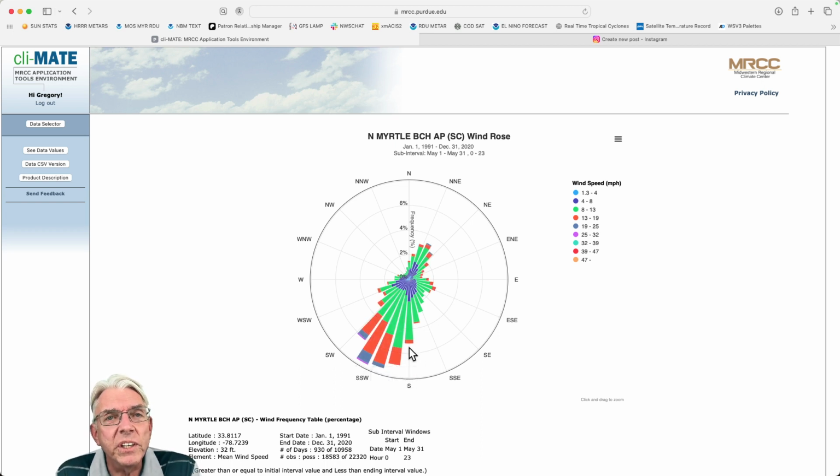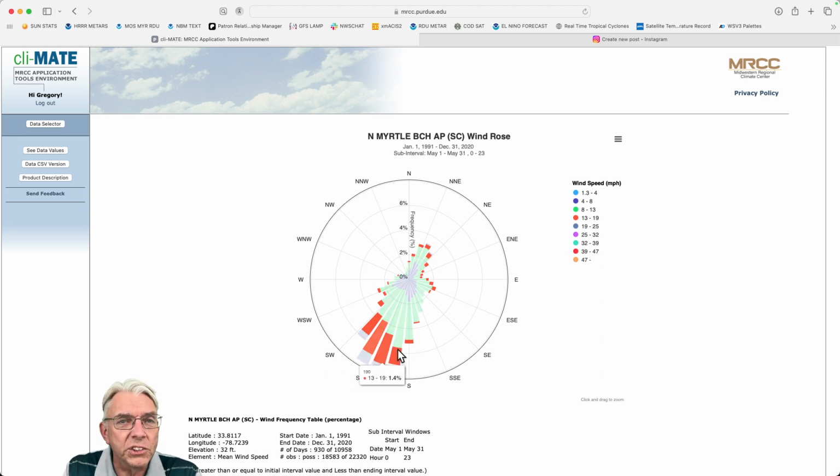The only thing I will say here is, do you notice how the prevailing wind at RDU was southwest? These are a little bit more toward the south-southwest. And the way the coastline is oriented around Myrtle Beach is that it's actually a southwest to northeast oriented coast, or beach, if you will. And so you can have a south wind and it's actually a sea breeze because it's blowing from water toward the land.